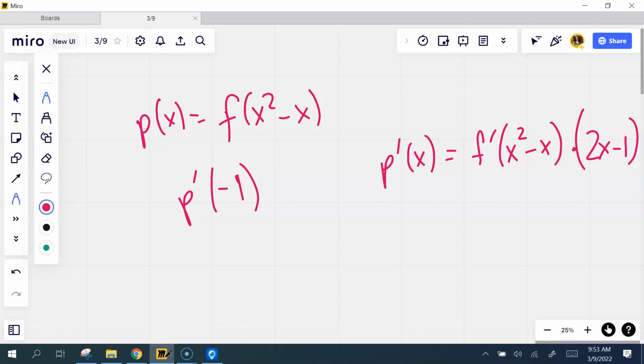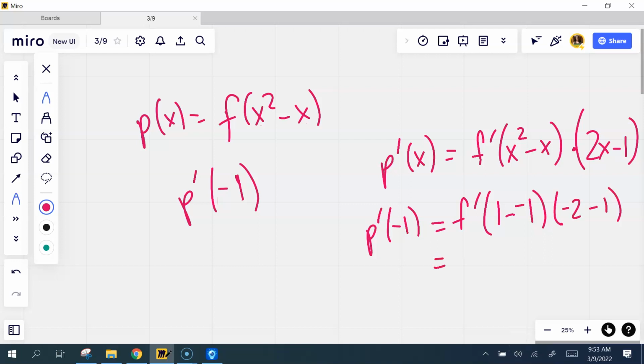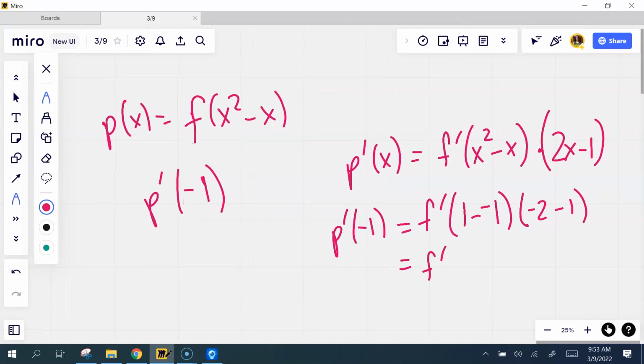Then if you plugged it in, the derivative of F, -1 squared is 1, minus -1, times -2 minus 1. So I've got the derivative at -2 times -3. F prime of -2, that's negative.